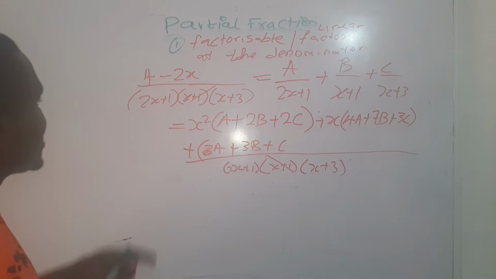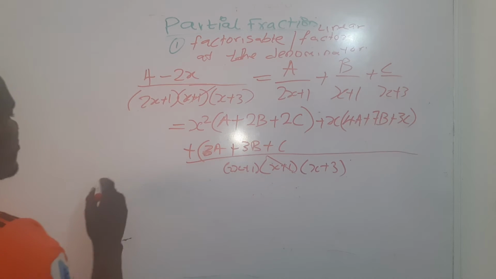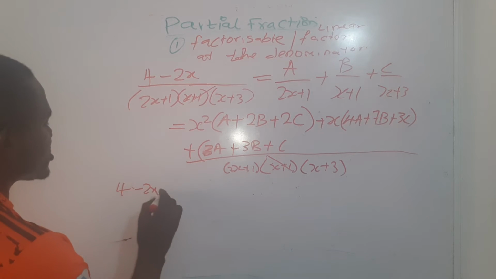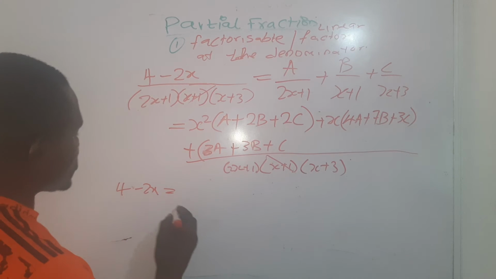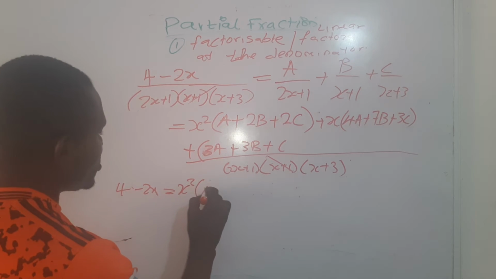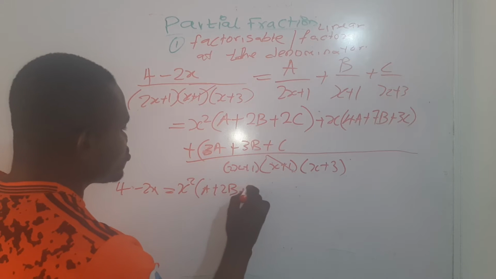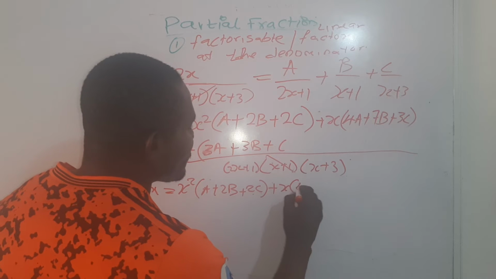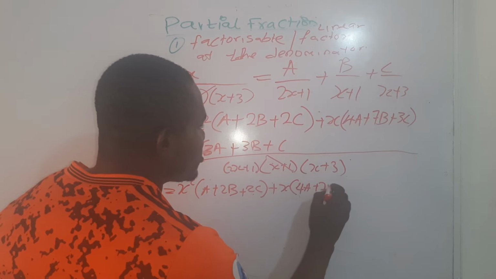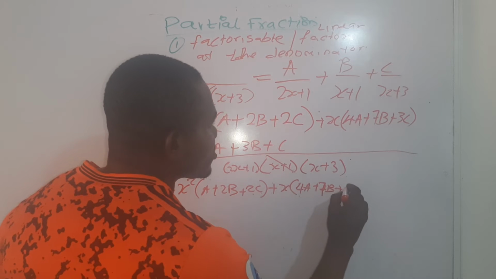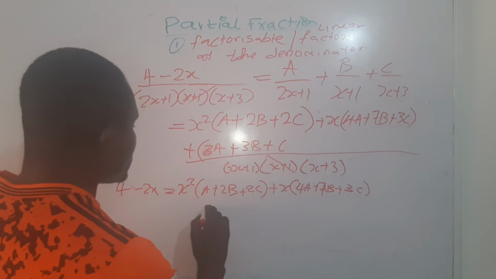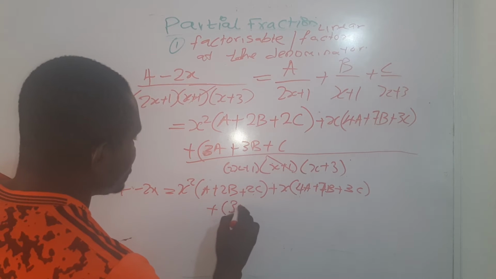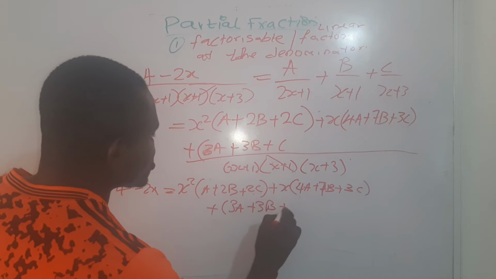What we are left with now is the numerator, which is 4 minus 2s equals to, these are the numerator: s squared into a plus 2b plus 2c, plus s into 4a plus 7b plus 3c, plus 3a plus 3b plus c.